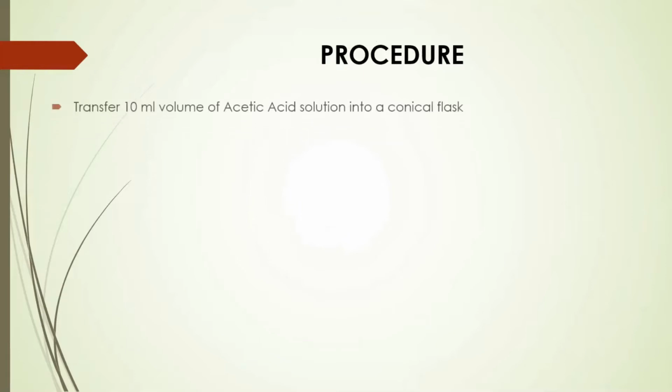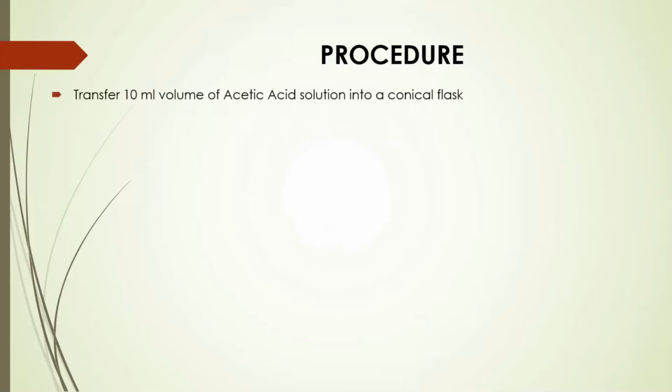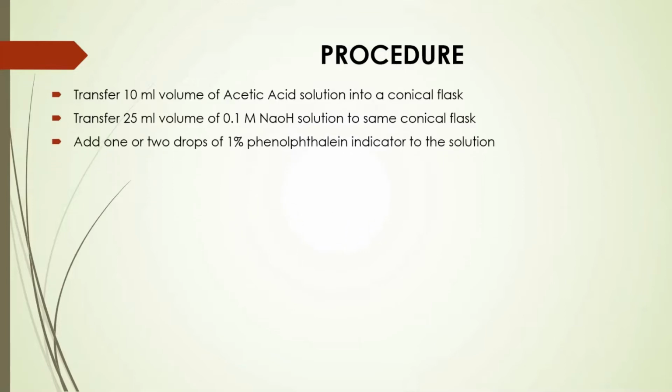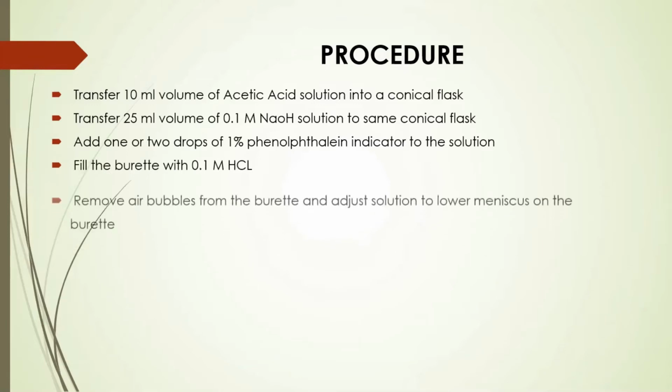Procedure. Transfer 10 ml volume of acetic acid solution into a conical flask. Transfer 25 ml volume of 0.1 molar NaOH solution to the same conical flask. Add 1 or 2 drops of 1% phenolphthalein indicator to the solution. Fill the burette with 0.1 molar HCl solution.